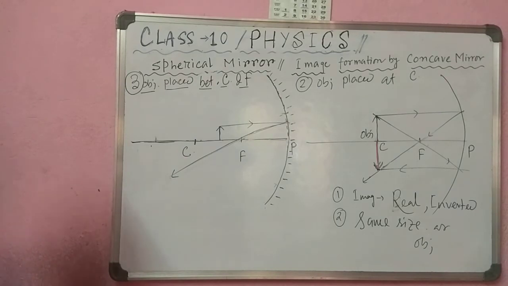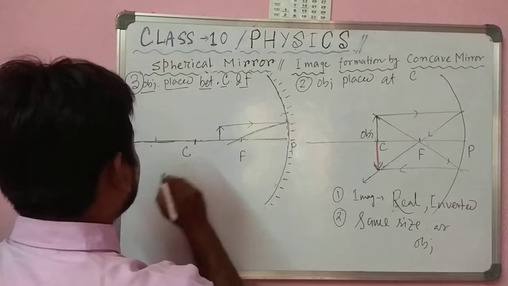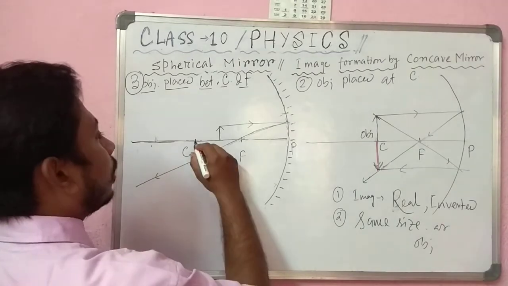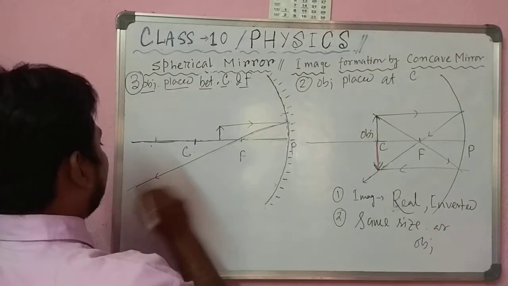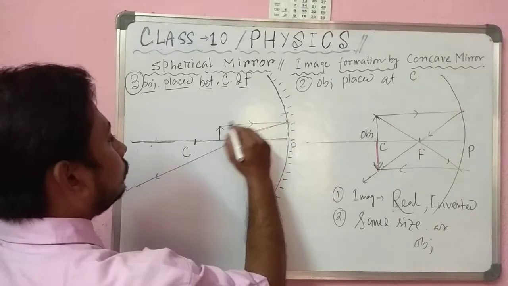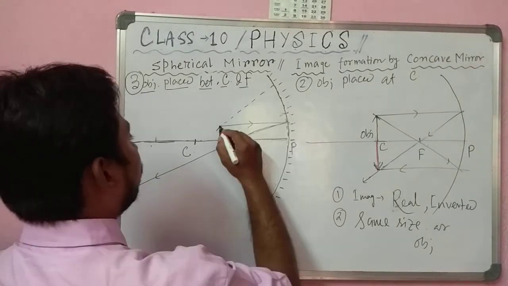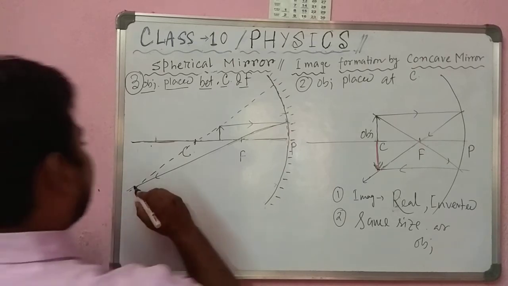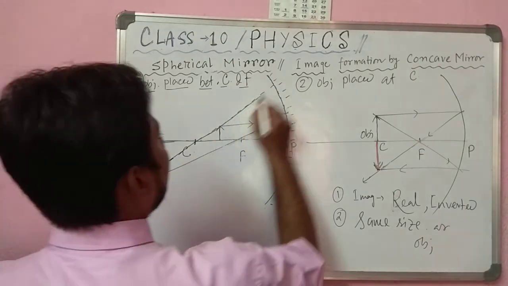Okay, and another line you can draw from center of curvature to that point. Okay. See, this line we can draw as a bold line.